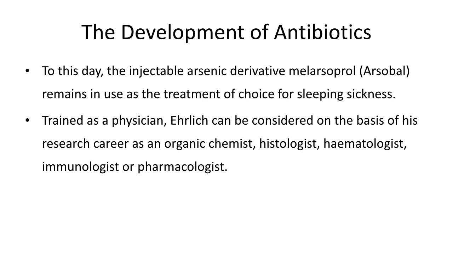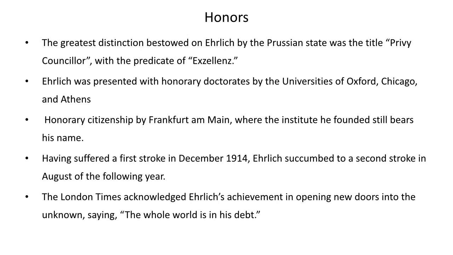Trained as a physician, Ehrlich can be considered, on the basis of his research career, as an organic chemist, a histologist, a hematologist, an immunologist, and a pharmacologist. Because of his contributions to society, honors were given to Ehrlich.